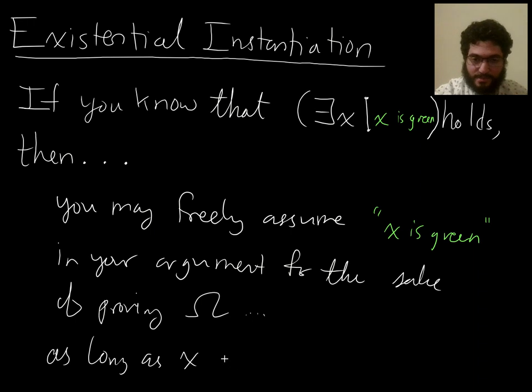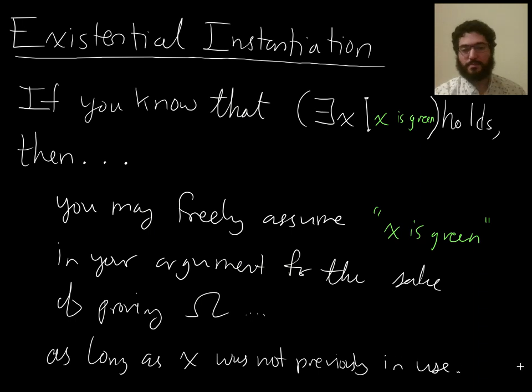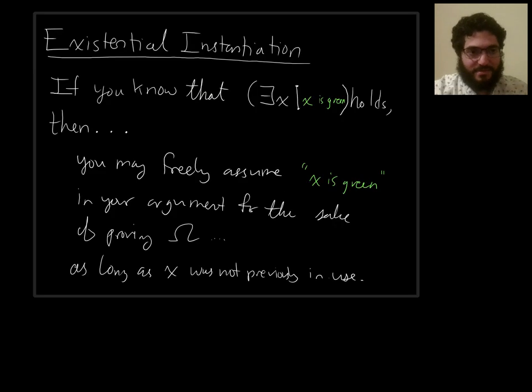As long as x is arbitrary, this is that word arbitrary again, but let me just say it was not previously used for anything. I'm running out of space and I want to fit this all onto the one board, so I'll write a little smaller or zoom out here.